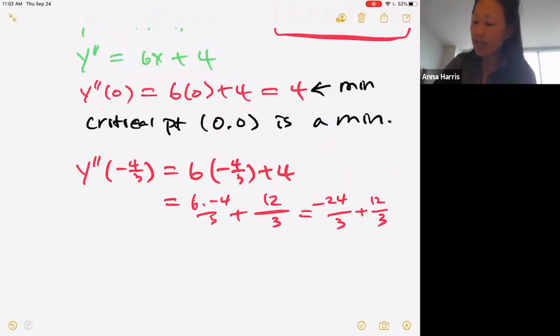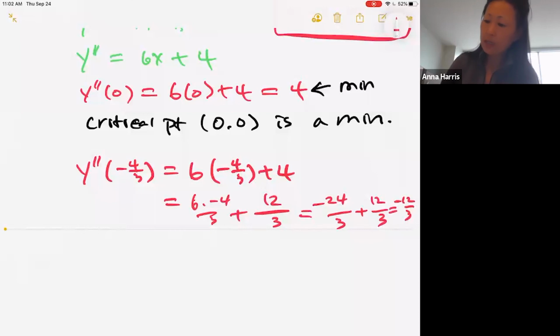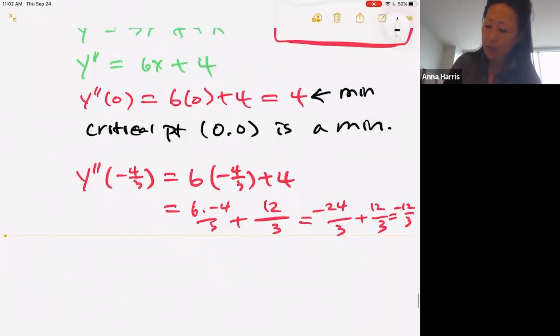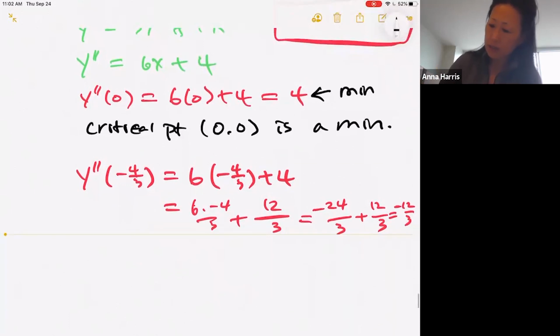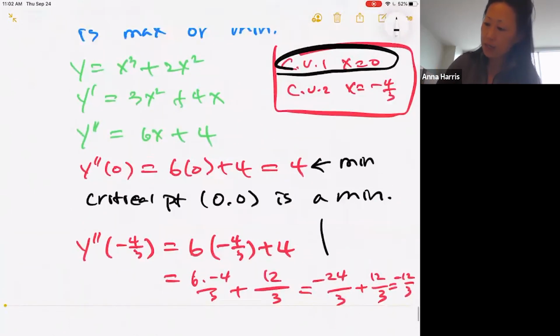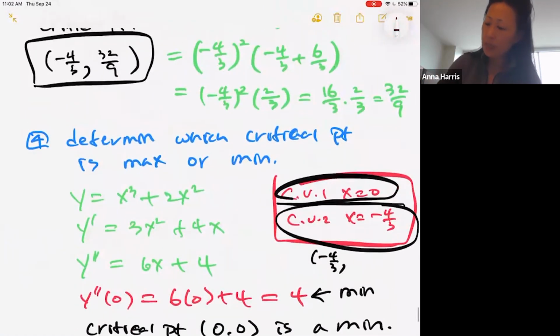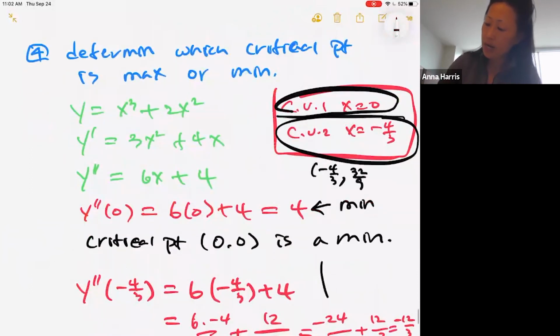So you will have a negative number. So this critical point right here, negative 4/3 over 32/9, that is your max.